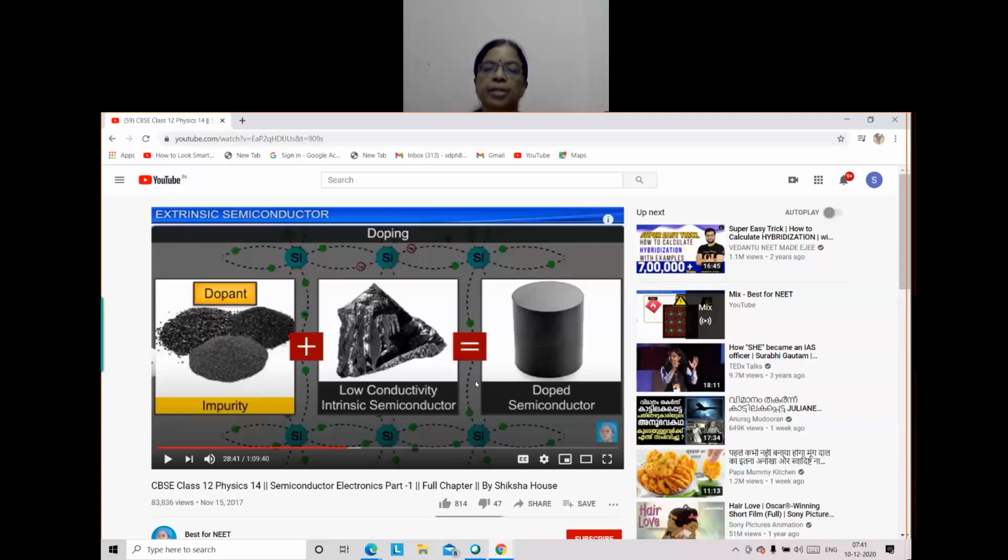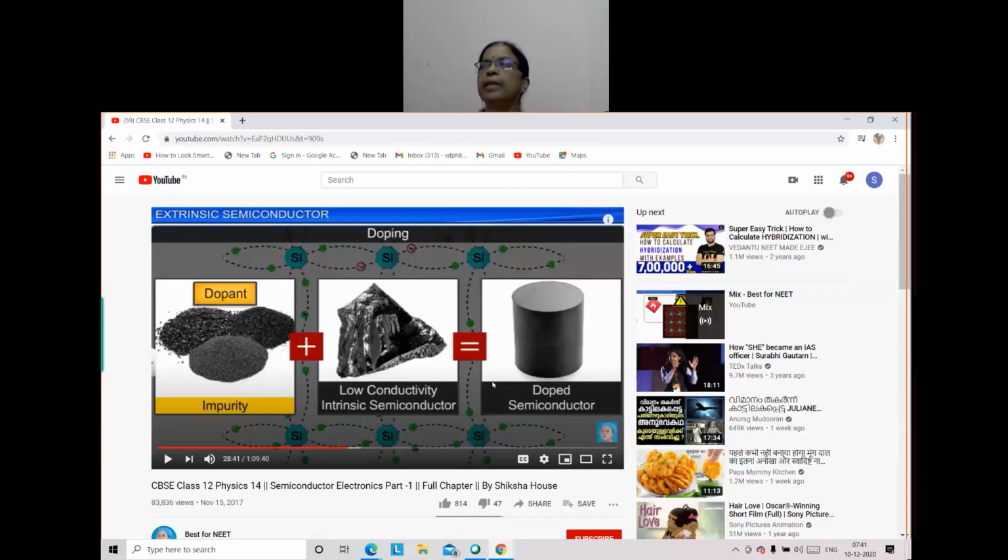So, these are all important equations. Total current I equals IE plus IH. The rate of generation of holes and electrons will be the same as the rate of recombination. That's why NE becomes equal to NH, and the total current is I equals IE plus IH.